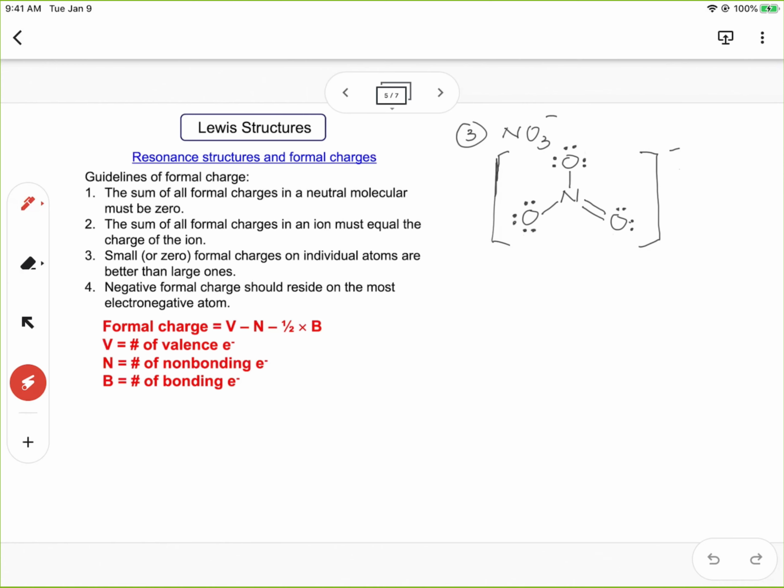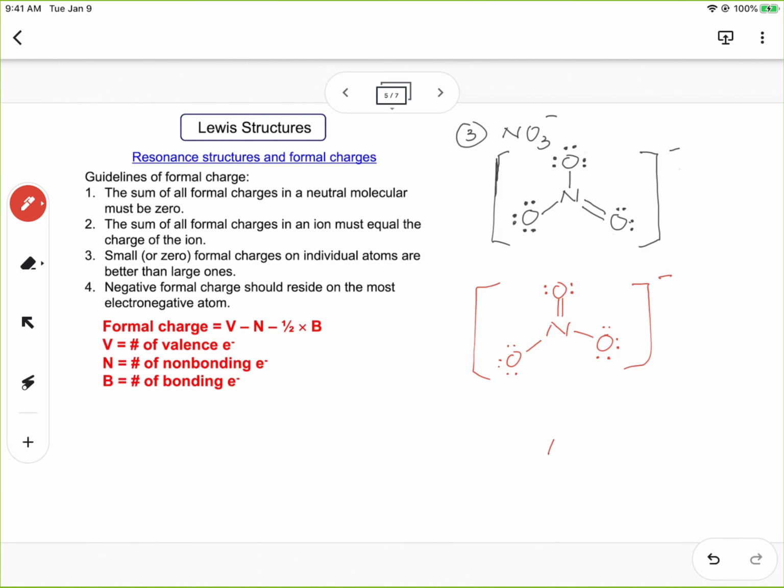So if this oxygen shares one lone pair to form a double bond, would it be the same if you leave this oxygen alone and ask this oxygen to share one lone pair to form a double bond? Well, let's try it. So you have a double bond right here, a single bond right here, and a single bond right here. This is the second possible structure.